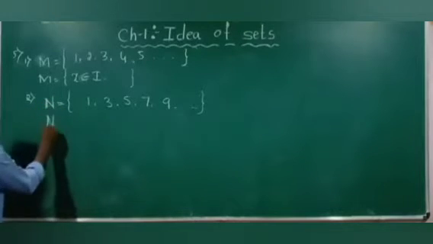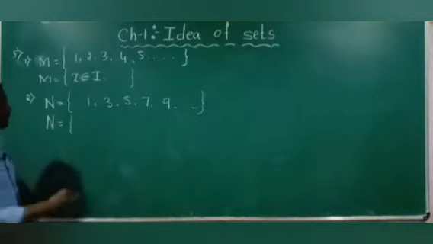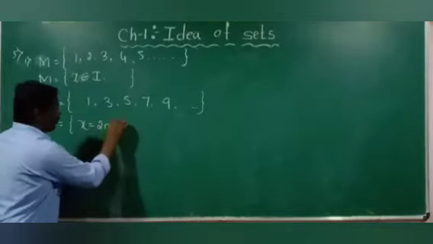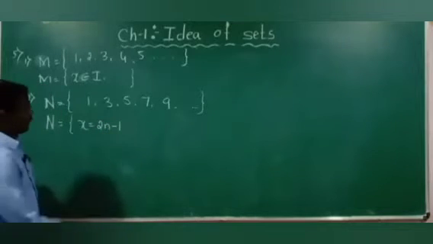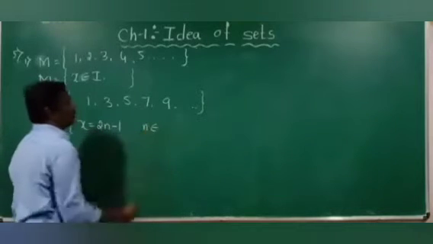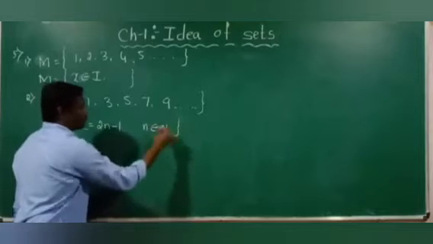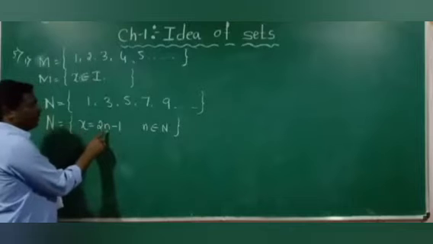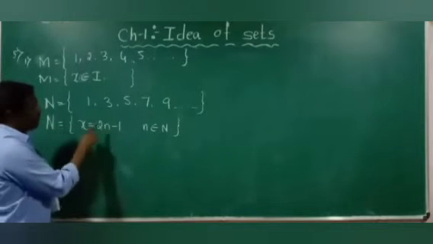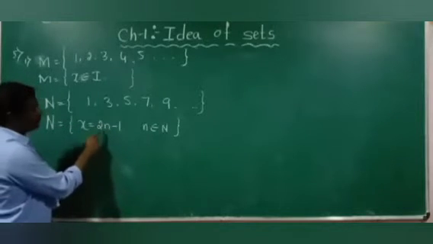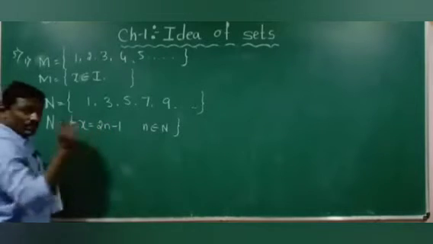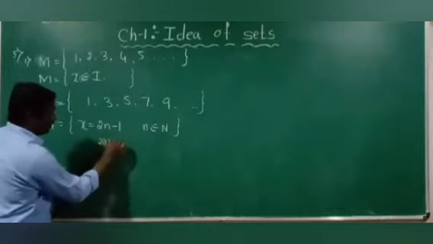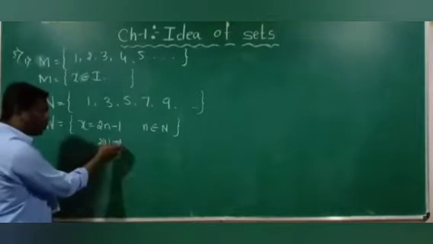The same statement we represent in rule method as x is equal to 2n minus 1, where n belongs to natural numbers. For example, if I take 1, because natural numbers start from 1, no? 2 ones are 2, minus 1 is 1.